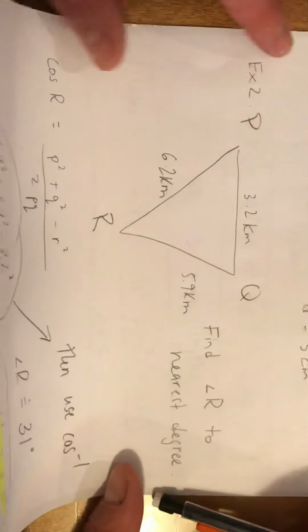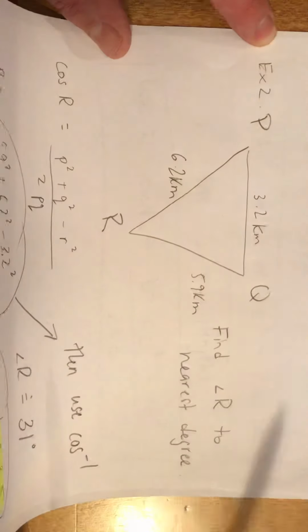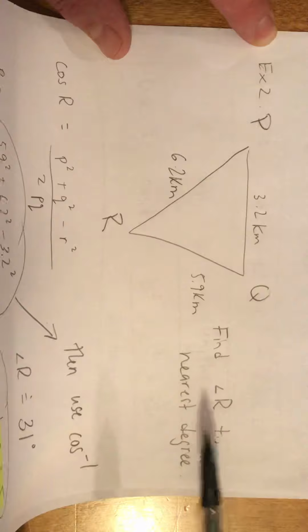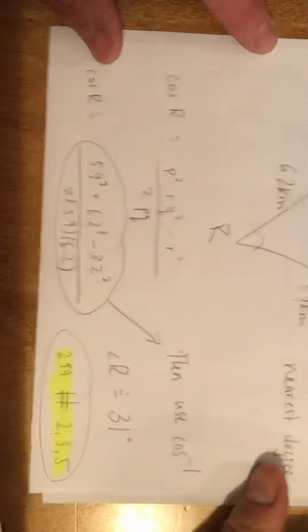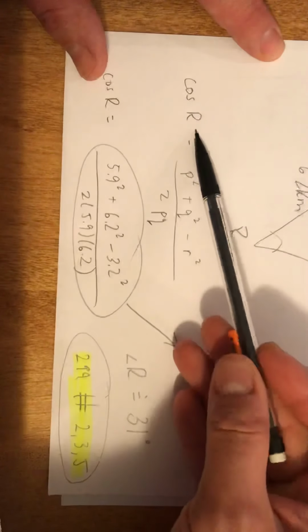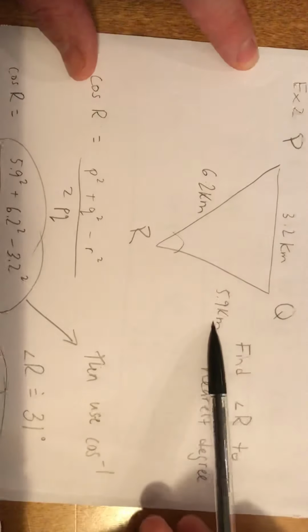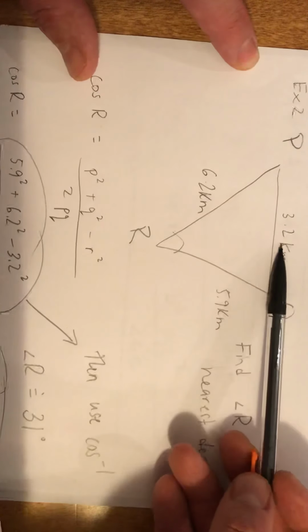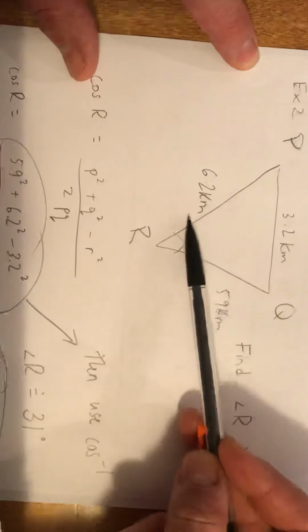For the situation where you're given all three side lengths, I use PQR just to change up the letters again. I'm given the three side lengths. Find angle R to the nearest degree. So I need to find this angle right in here. So isolate R: cosine R is equal to p squared, which is 5.9, plus q squared, which is 6.2, minus r squared, which is 3.2 squared, divided by 2 times p times q.